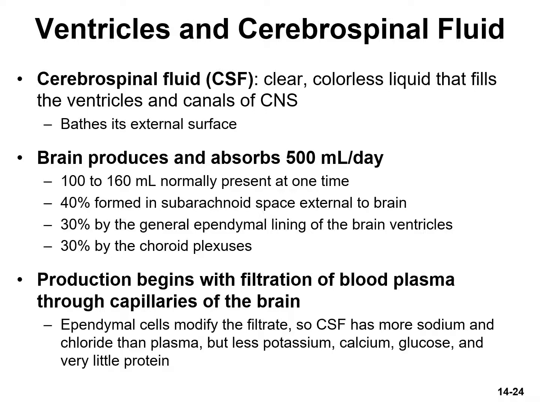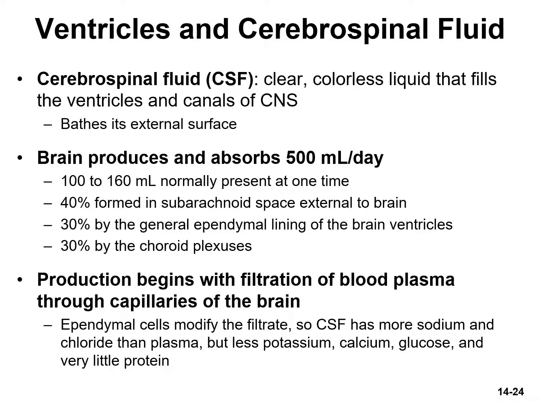All right, so let's discuss briefly the ventricles as well as the cerebrospinal fluid. The cerebrospinal fluid is often abbreviated as just the CSF. It's a clear, colorless liquid that fills the ventricles and canals of the central nervous system, and it also surrounds the exterior of the brain and spinal cord.